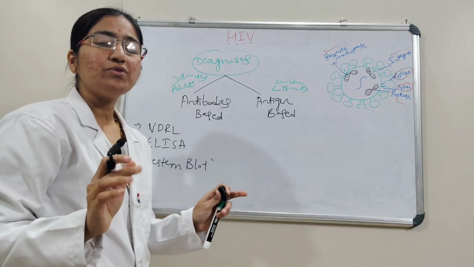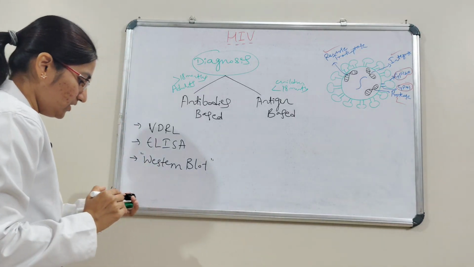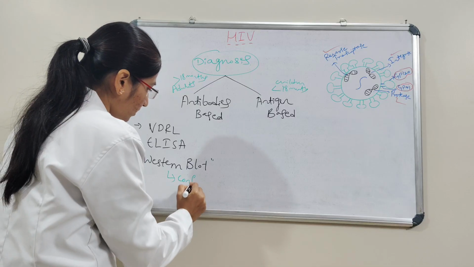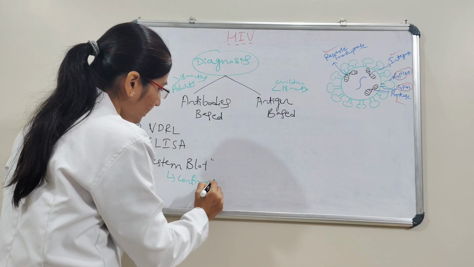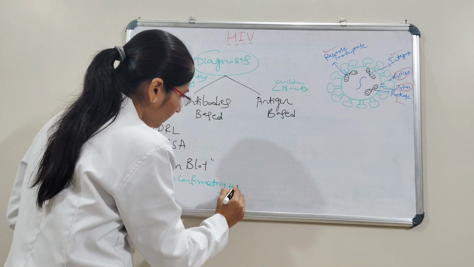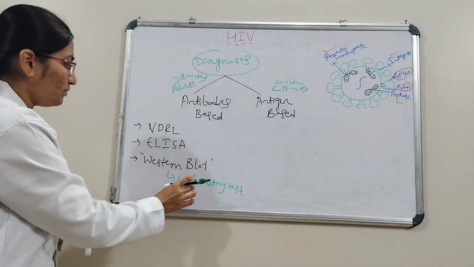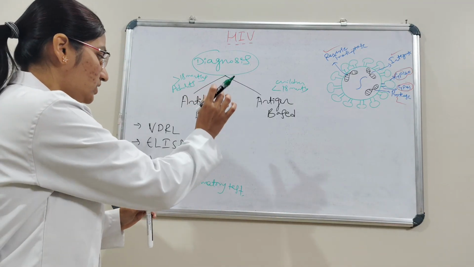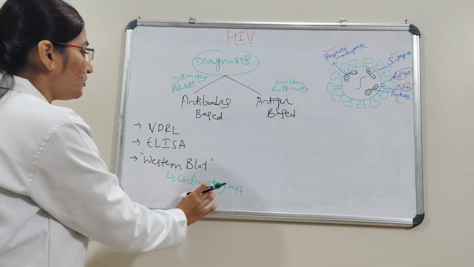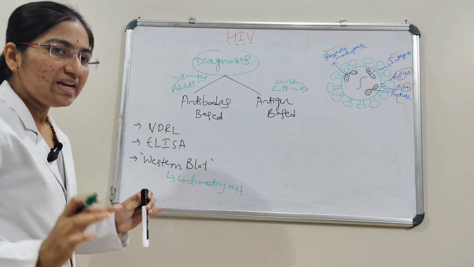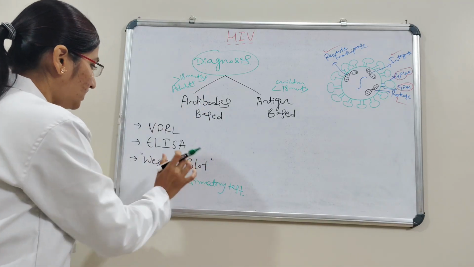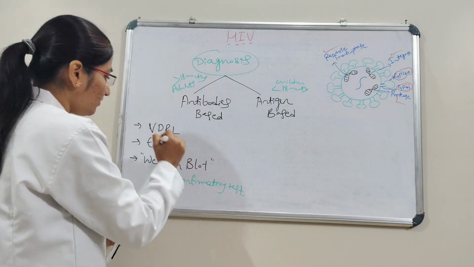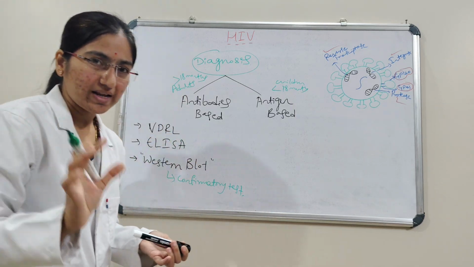Always there is only one confirmatory test. In the exam the question may come: the confirmatory test for adults is Western blot. Confirmatory test for those less than 18 months is also Western blot. And the confirmatory test for HIV in adults is also the Western blot test.